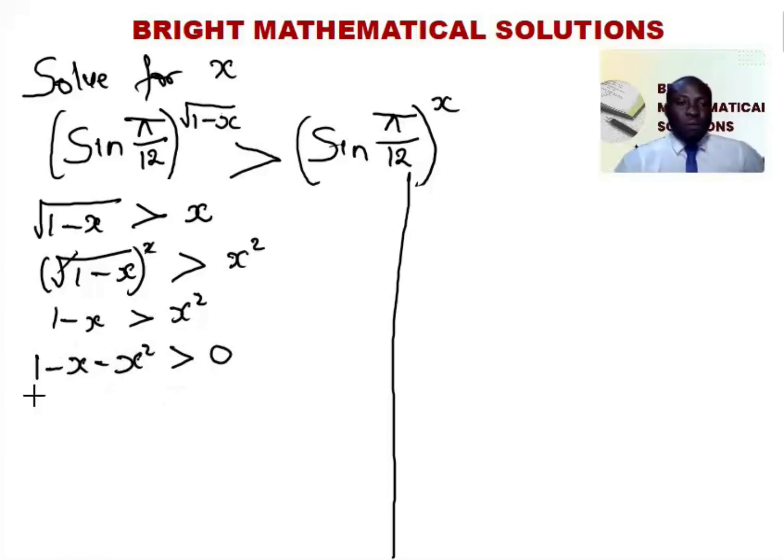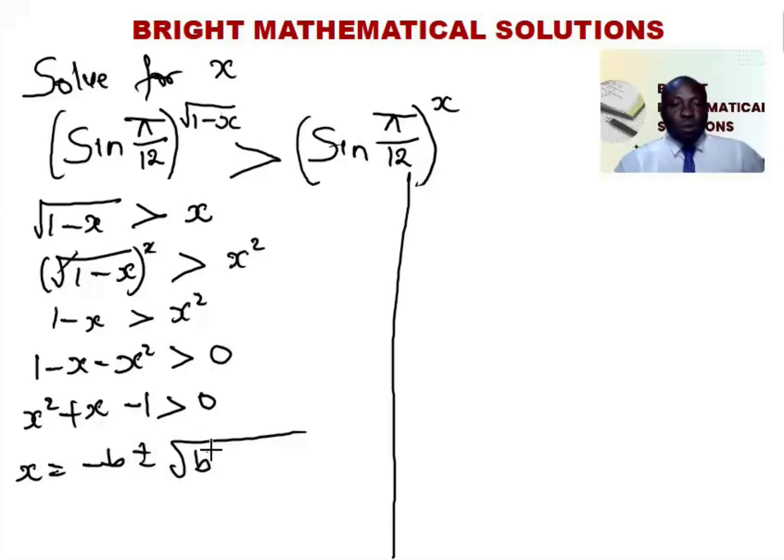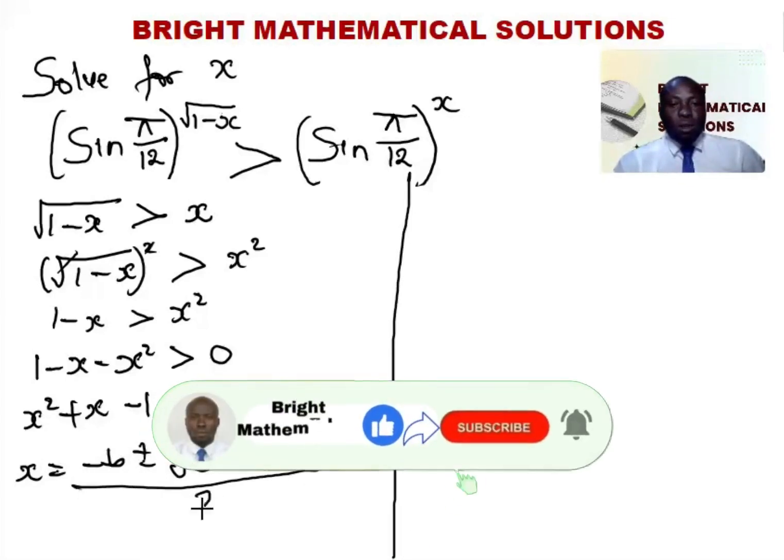Now to have a more positive coefficient for a quadratic equation, let us multiply this expression by minus 1. Therefore x squared plus x minus 1 is greater than 0. So we now have a quadratic equation that we can use the quadratic formula to solve, which is x equals minus b plus or minus root b squared minus 4ac all over 2a.